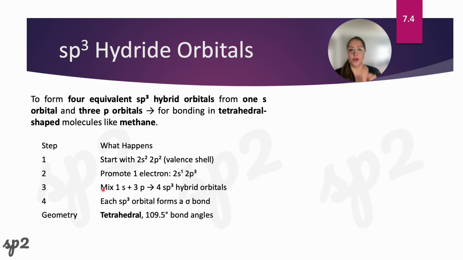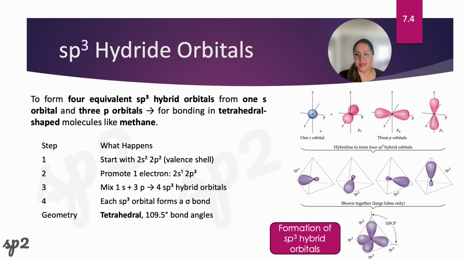Then we are mixing these orbitals, so 1 s and 3 p are all going to hybridize, and they're going to give us four sp3 hybrid orbitals. Each of these hybrid orbitals is going to form a sigma bond. The geometry would be tetrahedral, and we're going to get 109.5 degrees, which is the exact bond angle here.